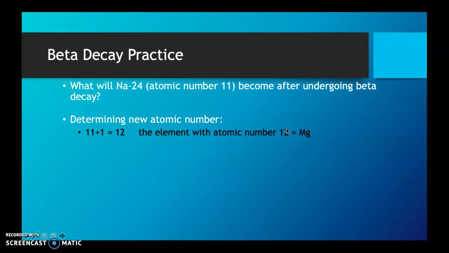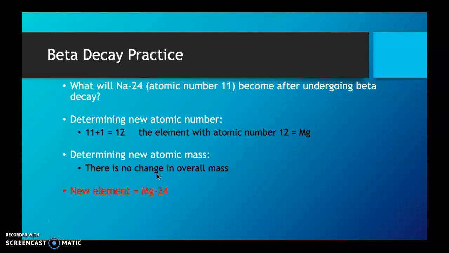Look at the periodic table. 12 is magnesium. Determine the new atomic mass. Well, there was no change in mass, so I don't have to do anything. So my new element is magnesium 24. So it went from sodium 24 to magnesium 24.